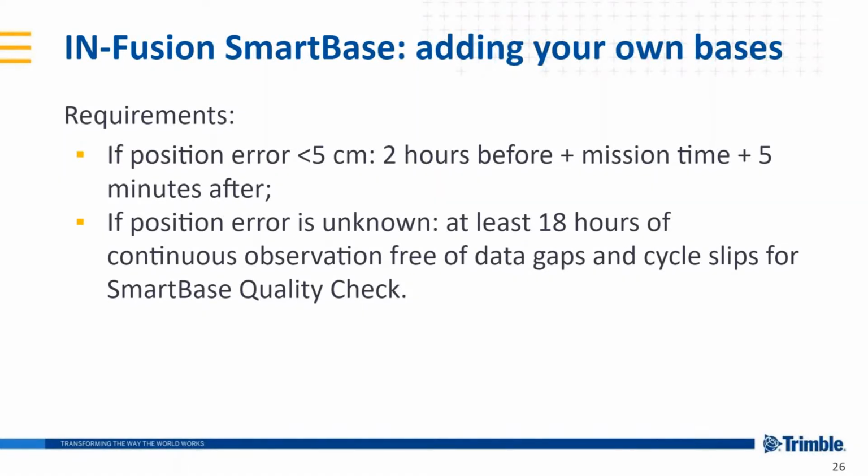If the position accuracy of the base stations is unknown, you will need at least 18 hours of continuous observation, free of data gaps and cycle slips, for the SmartBase quality check. This is to average out any multipath variations due to the changes in satellite positions.